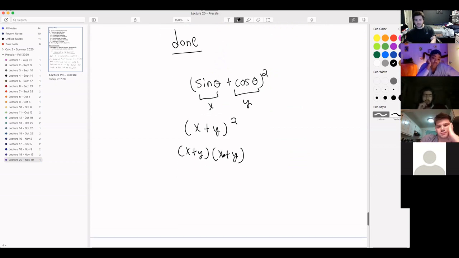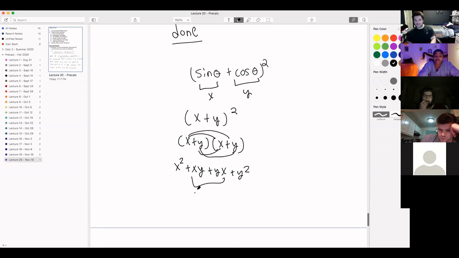Now this is just like multiplying out two polynomials. You do this, you do that. So it's x squared plus xy, then this plus yx, and that plus y squared. You get it? And then this is 2xy, but x is sine theta, y is cosine. Yeah, that's pretty much the deal.